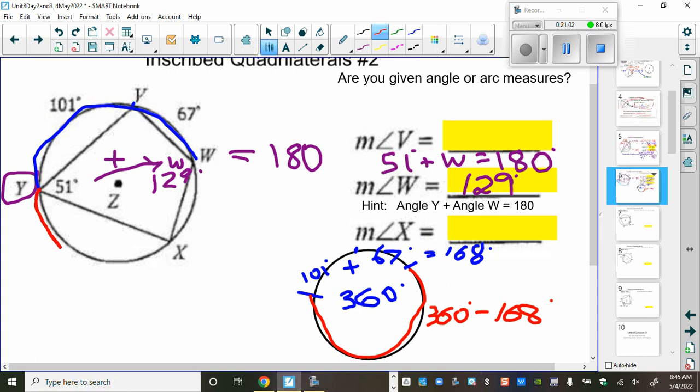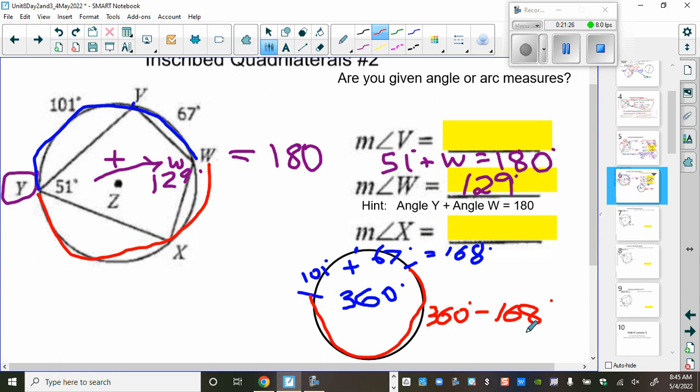So that's from here all the way to here. How many degrees is it from Y pass through X all the way to W? How many total degrees will that be for that arc? So what's 360 minus 168? We have calculators.